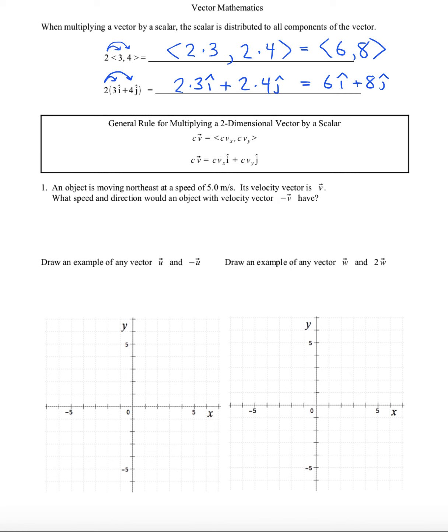Let's say an object is moving northeast at a speed of 5 meters per second, and its velocity vector is vector v. What speed and direction would an object have that has a velocity of negative v? I'm going to draw a little picture of this.